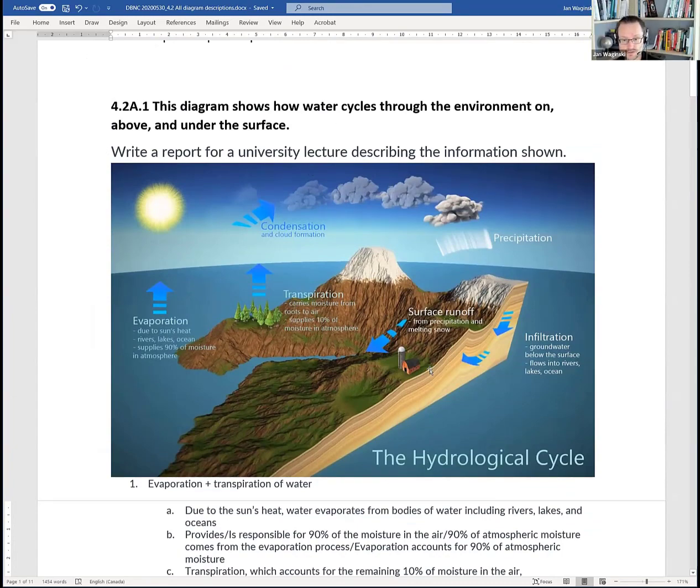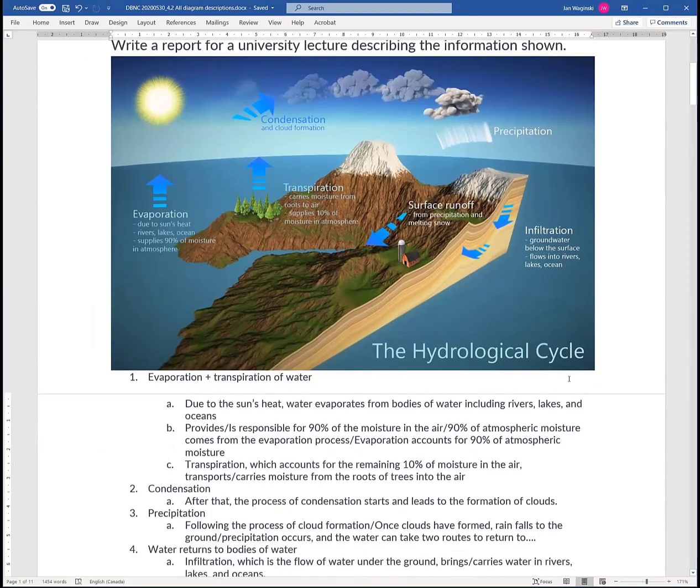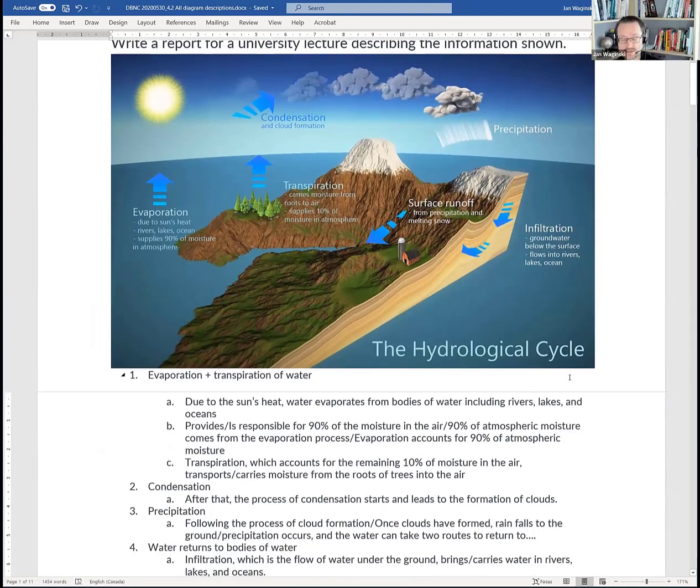So why don't we just use hydrological cycle? It doesn't have a good synonym. In some cases, you have to use your vocabulary knowledge to leave things as they are, because any kind of paraphrasing is going to be more awkward than the original.